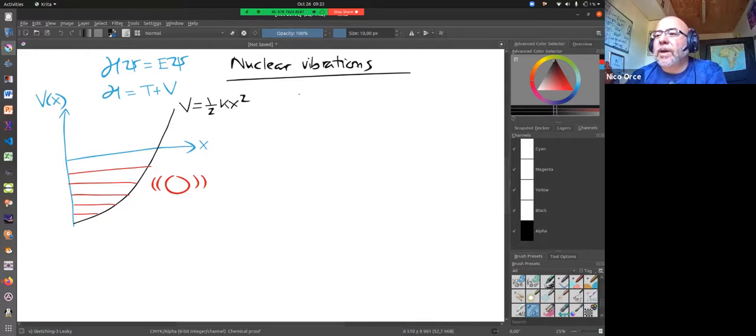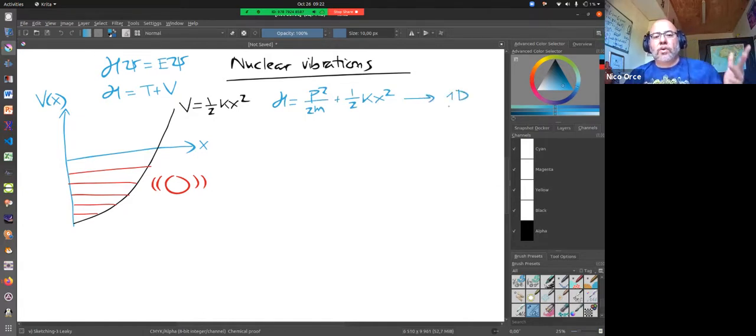So for that, we are going to solve again the Schrodinger equation, and the Hamiltonian will be equal to P squared over 2m, that's the kinetic energy, plus 1/2 k x squared. We are treating this in the first case as a one-dimensional problem, although we know there's no such thing as a one-dimensional problem. We have to eventually move to 3D, which is the real case. We live in a 3D world.